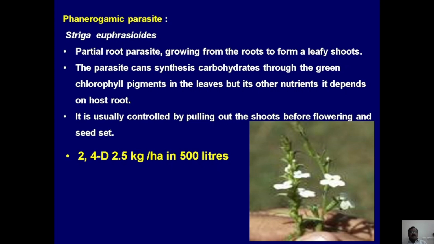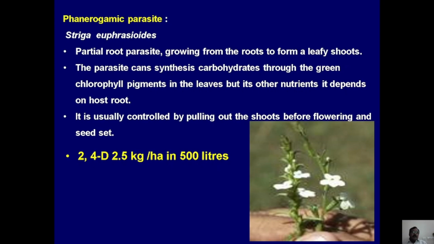The parasite affected canes become yellow in color, since the striga absorbs the nutrients and water from the host plant, and causes yellowing, drying and lanky canes due to complete absorption of nutrient and water by this phanerogamic parasite striga.